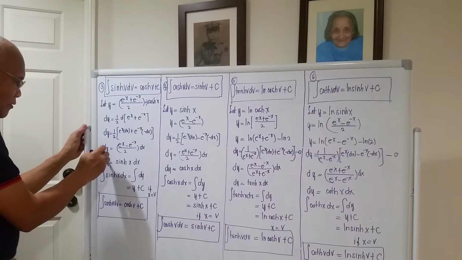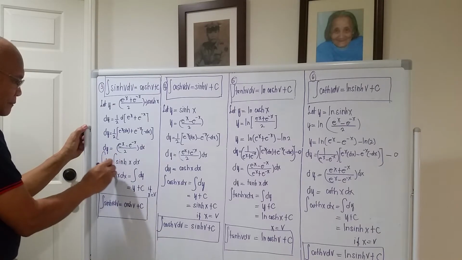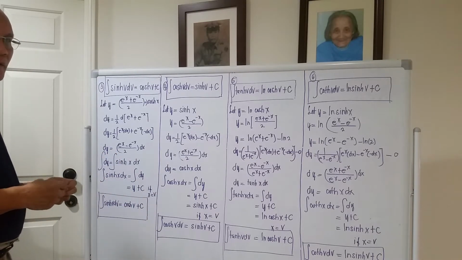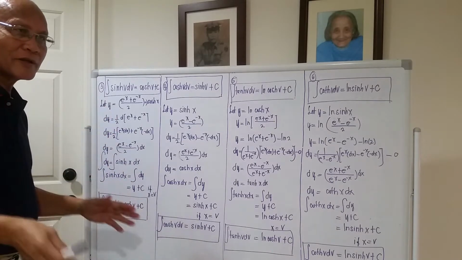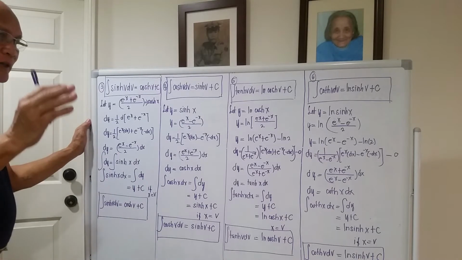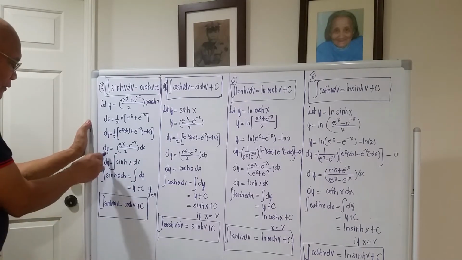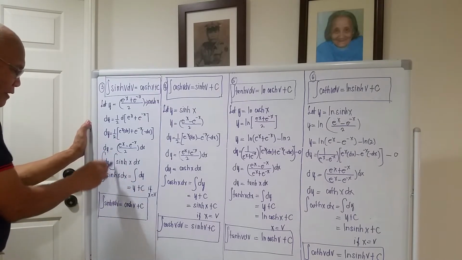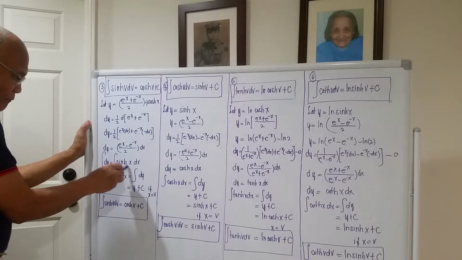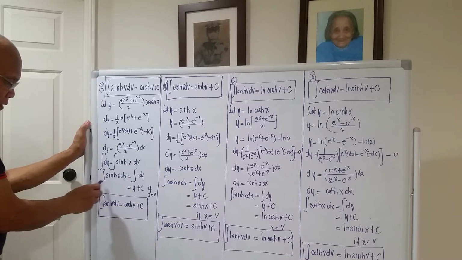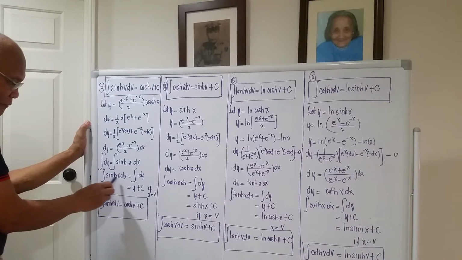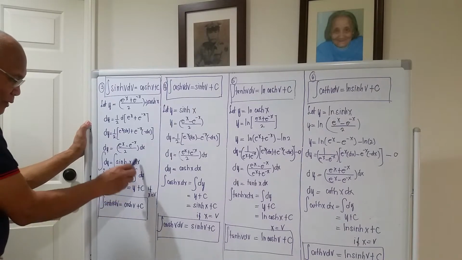Then take the integral of both sides. Okay? We are deriving the integration formula by using differentiation. And we are now integrating: the integral of dy equal to the integral of hyperbolic sine of x dx. Therefore, the integral of hyperbolic sine of x dx equal to the integral of dy.